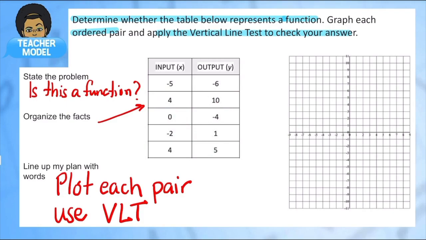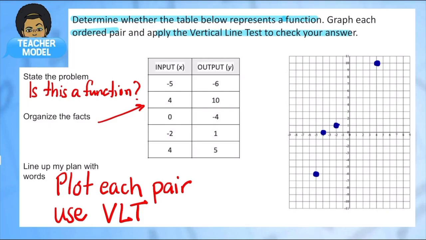So I'm going to map -5, -6. Here's my first one. 4, 10. Second, 0, -4. -2, 1. There you go.